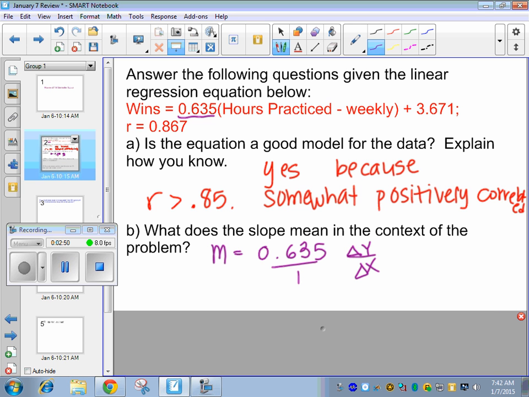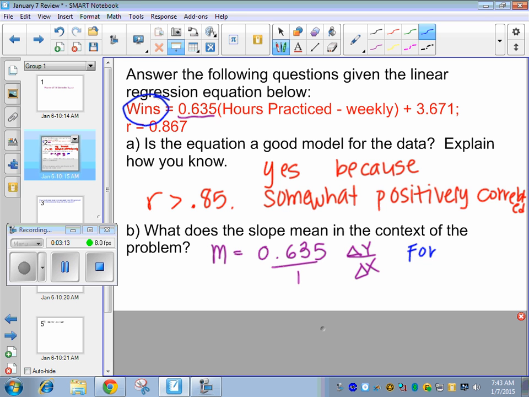The y value is the output. What's the y value in this problem? What's the output? The wins. Okay, over the change in x. What's the x? The hours of practice. Okay, good.